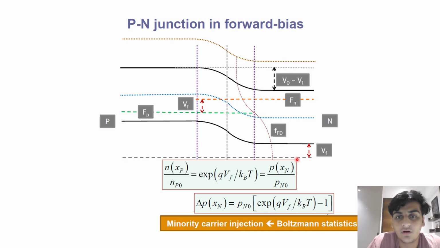I hope all of that is clear. So because of this forward bias, you have splitting of Fermi levels, which leads to this phenomenon called minority carrier injection. And the amount that gets injected is given by this expression. Cool. Moving on.